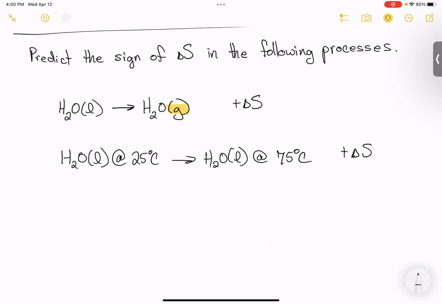Okay, let's look at the formation of aluminum oxide.